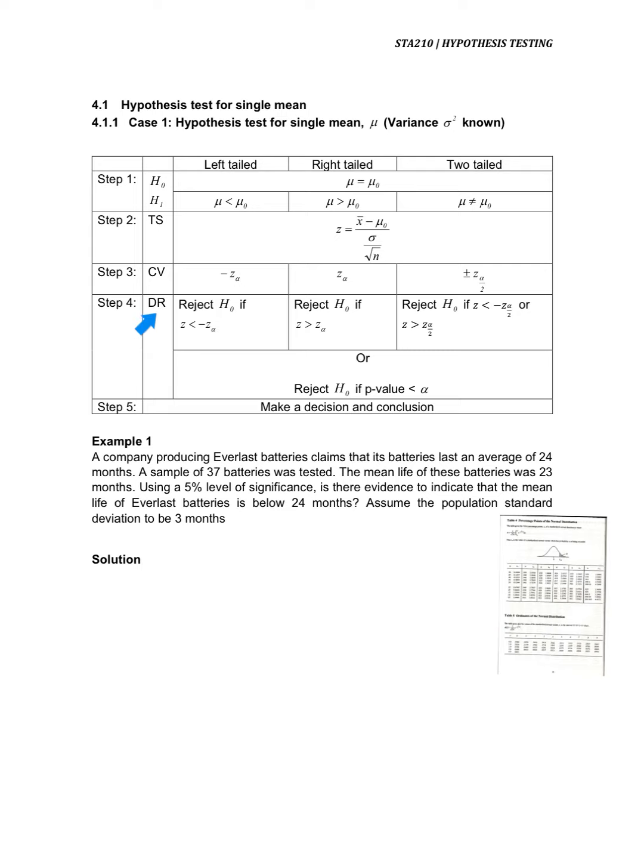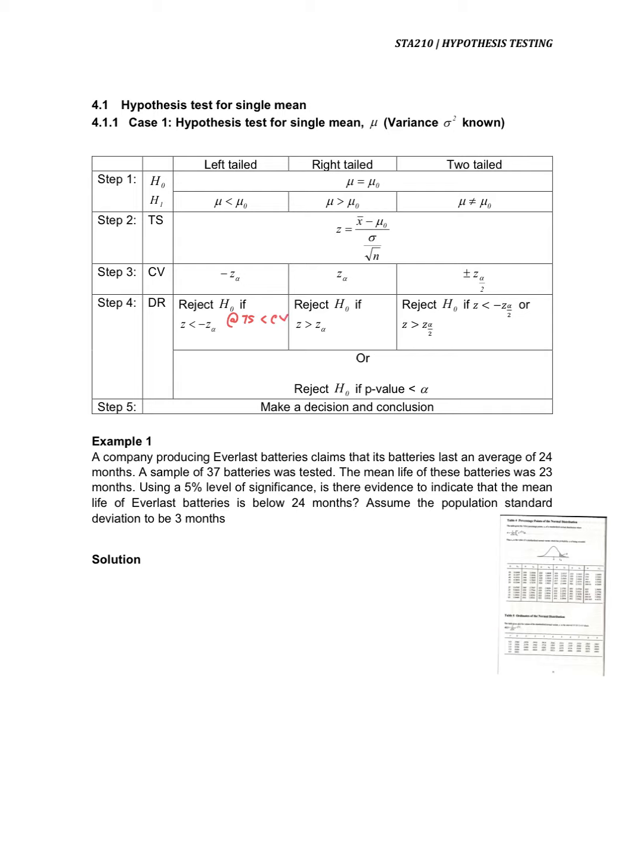Step number 4 is the decision rule. For the left tail, the decision rule is we will reject H0 if Z is less than negative Z alpha, or we can write it as we will reject H0 if the test statistic is less than the critical value.